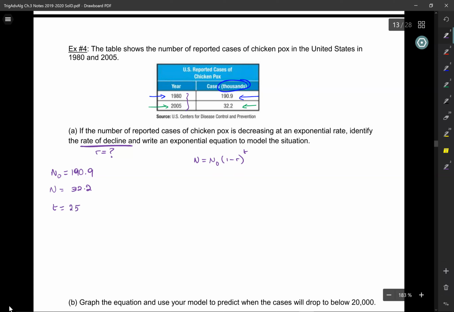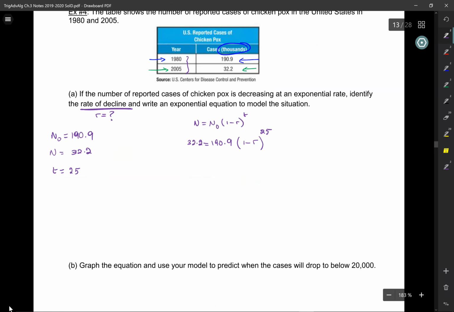Let's plug that in there. So N, 32.2, equals 190.9 times 1 minus r to the power of 25. Okay, let's divide by 190.9.